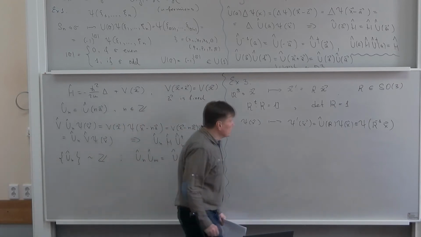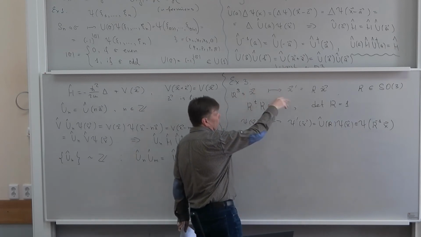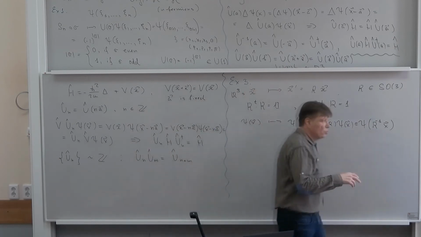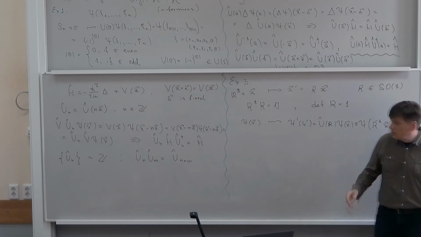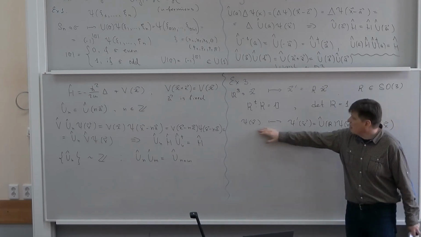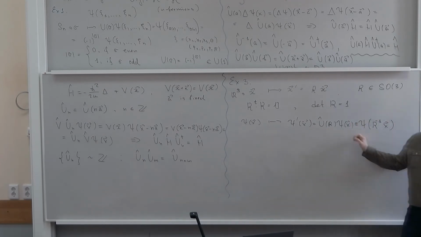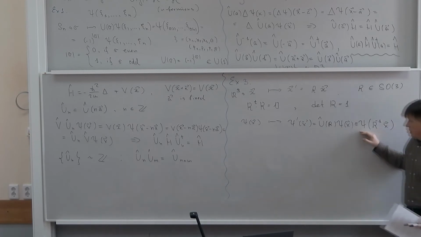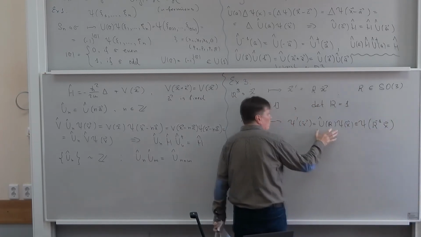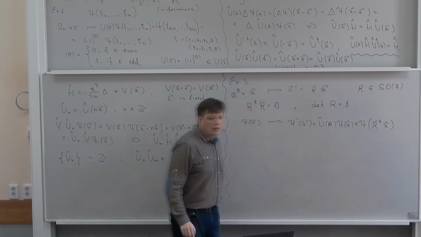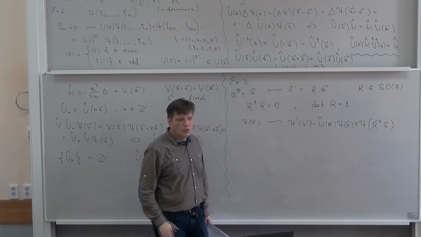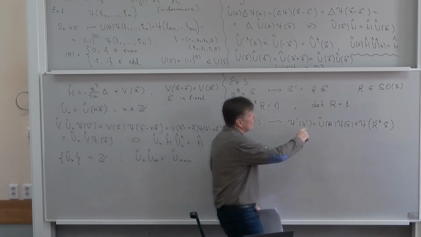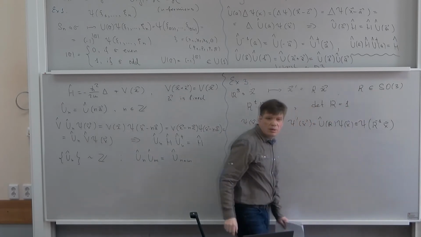Well, we start with a rotation in three-dimensional physical space, and to each rotation we associate some unitary operator U acting in an infinite dimensional Hilbert space by this formula. This is just a definition. And let us check that these operators U(R) do define a unitary representation of the rotation group in the Hilbert space.